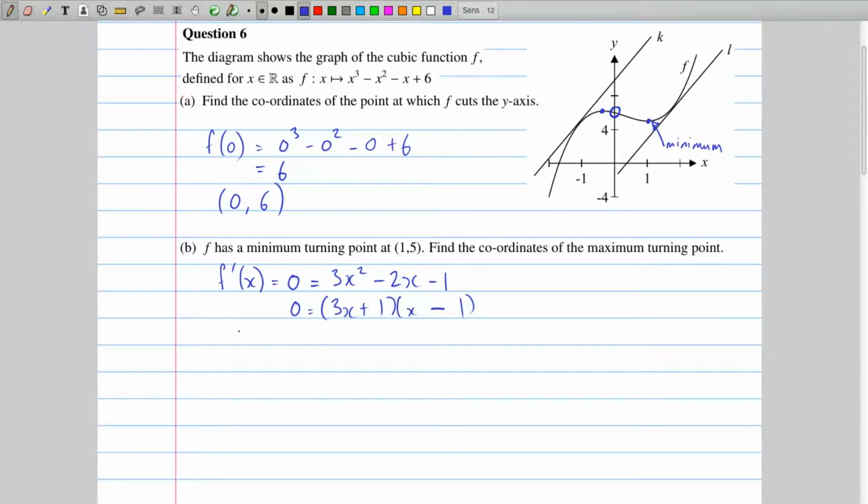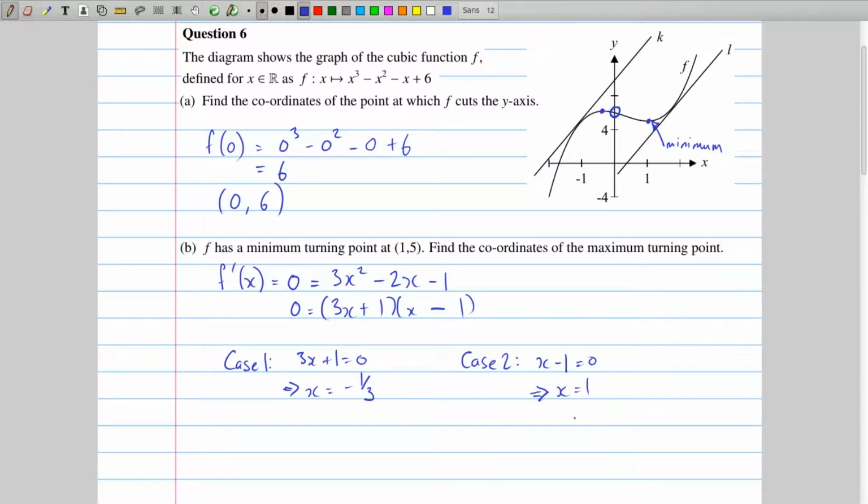And so the answers are where the first item in this product is 0, so 3x plus 1 equals 0, in which case x has to be minus 1 over 3. And the alternative, case 2, where the second bracket in this product is 0, that's x minus 1 equals 0, in which case x equals 1.